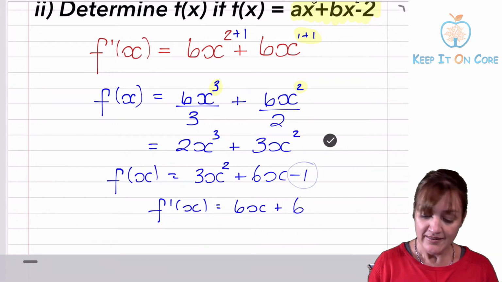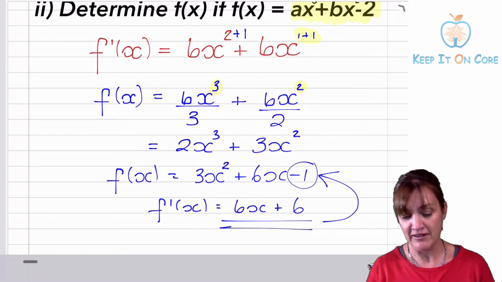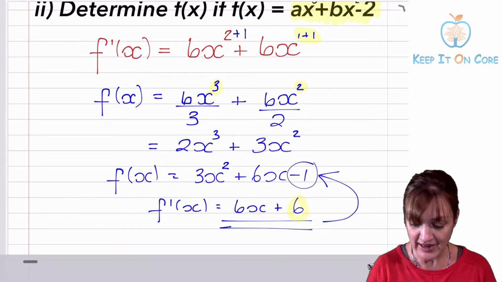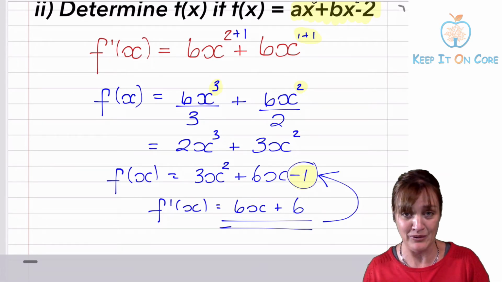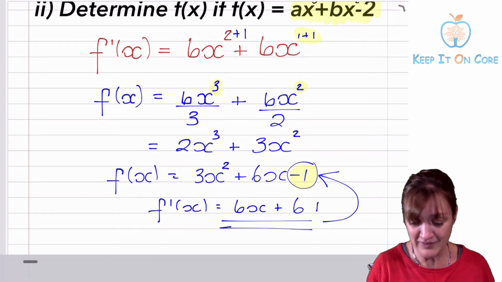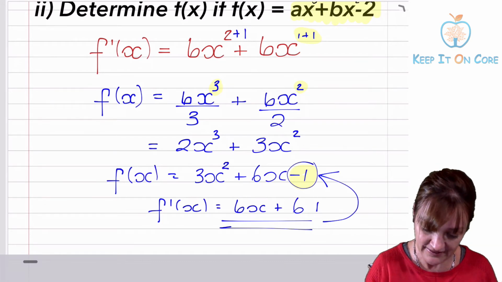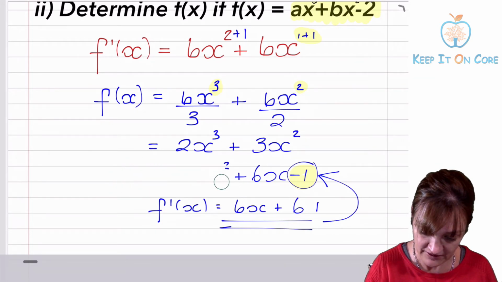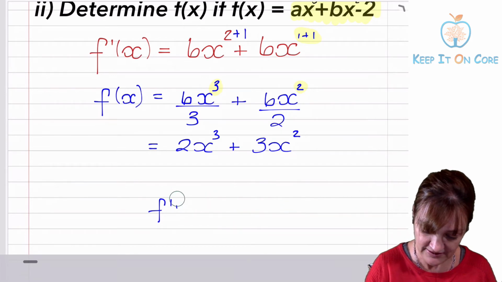So if I was going back to the original f of x function, how would I have any idea that that negative 1 was there? Because it was a constant that fell away. I'm just going to erase this now because I don't want you to get confused. I was just discussing the concept of that constant.